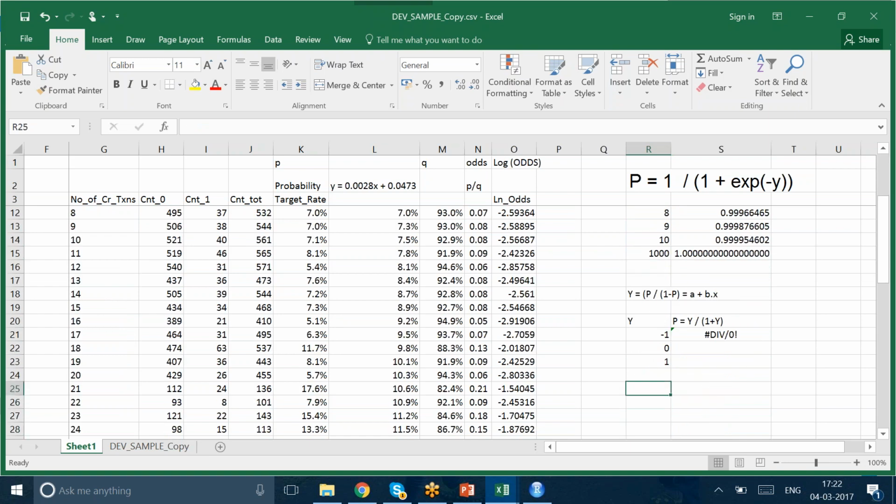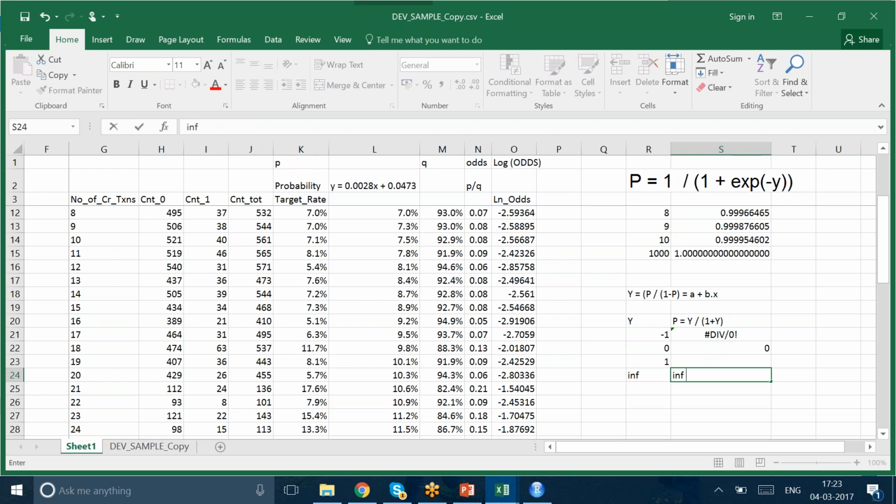Let us now see what would have happened if y is 0: 0 divided by 1 plus 0, I'm okay. If this goes to infinity, what will happen?